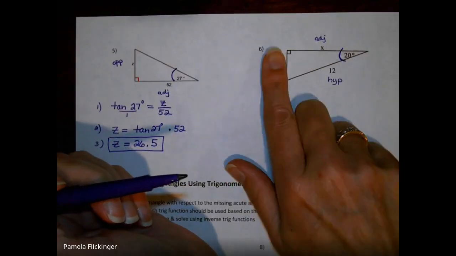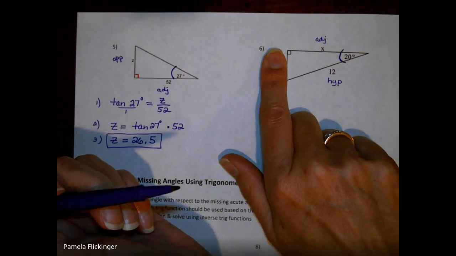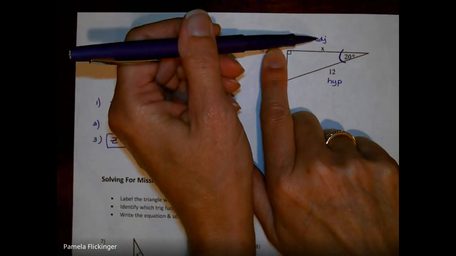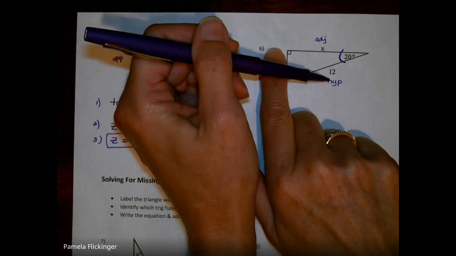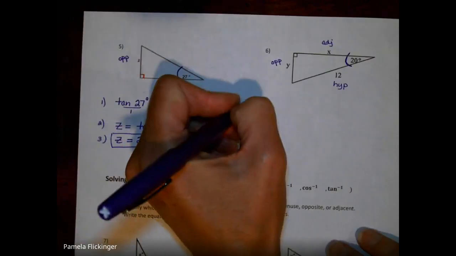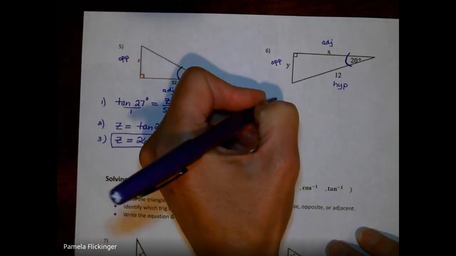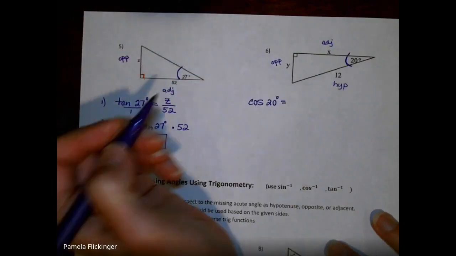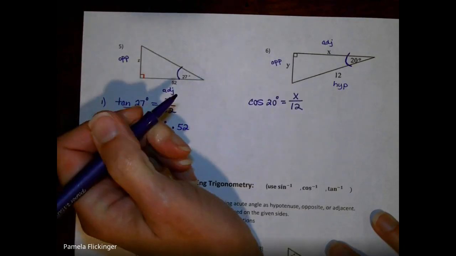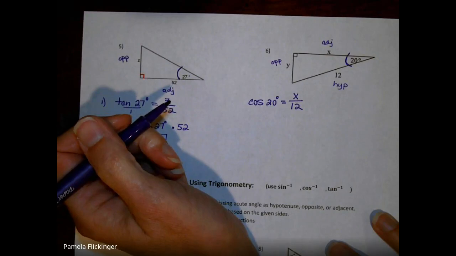Obviously, I can't use these 2 legs because I've got those where my 2 variables are. So let's cover up one variable at a time. Let's cover up the Y. And in order to solve for X, I'm going to need the trig function that uses adjacent and hypotenuse. That would be the cosine. So we're going to do the cosine of 20 degrees, and that would equal adjacent over hypotenuse. That's the one I need for x.